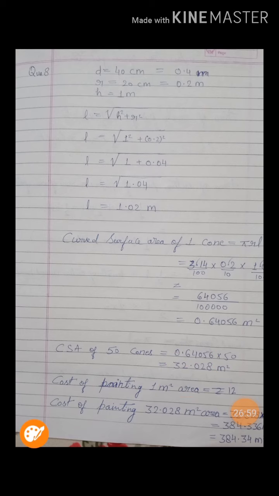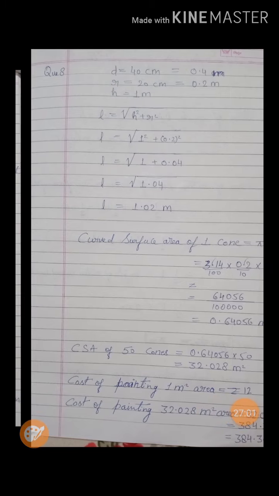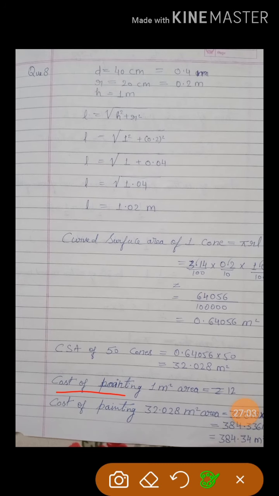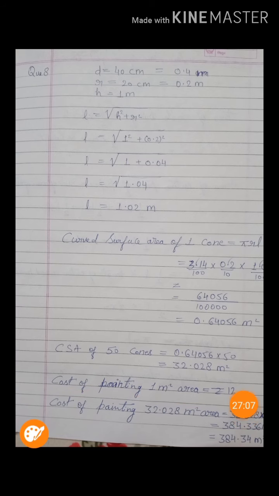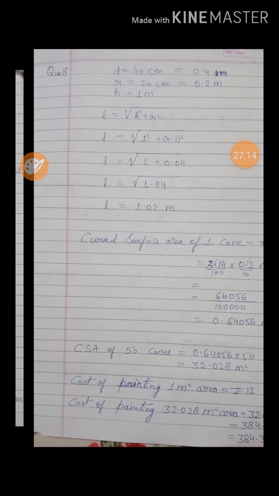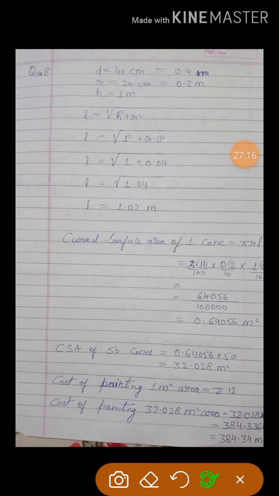See, the cost of painting 1 meter square area is 12 rupees. So we are finding the cost of painting 32.028 meter square.